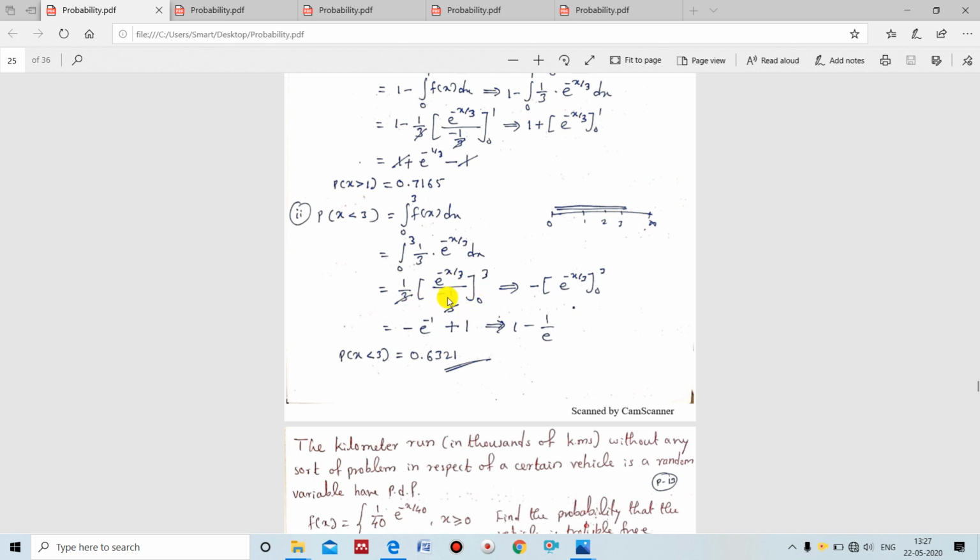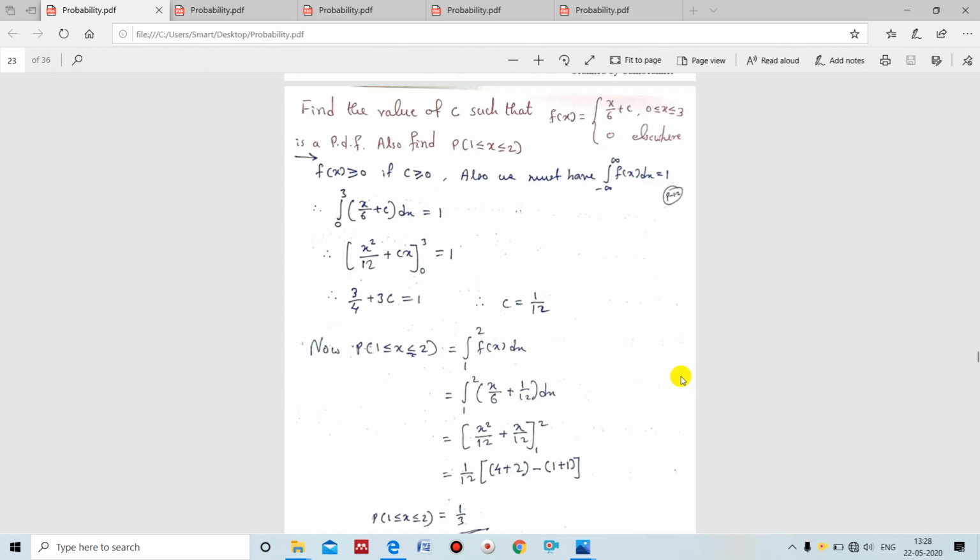So 3 cancel, remaining is minus of e raised to minus x by 3, 0 to 3. So put x equal to 3, we get e raised to minus 1, minus the lower limit, if you put x equal to 0 you get minus 1, because of this it will be plus 1. So 1 minus 1 by e, the value of this by simplification we get 0.6321. So this is the answer, dear student.